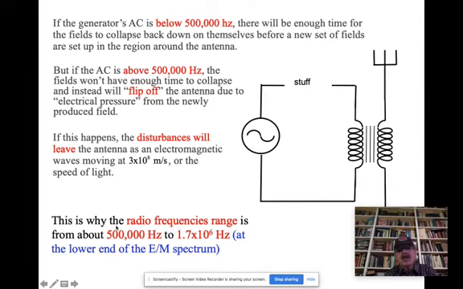So this is the reason why the radio frequency range is between 500,000 cycles per second and 1.7 million cycles per second. At the lower end of the range, if you go any lower, you aren't going to get the flip off.